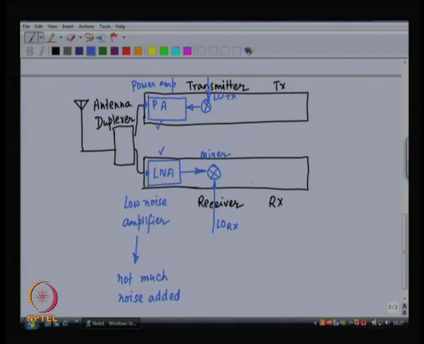So, LO stands for local oscillator. The local oscillator for the transmitter is typically different from the local oscillator of the receiver. You do not want transmit and receive to be working at the same frequency band.